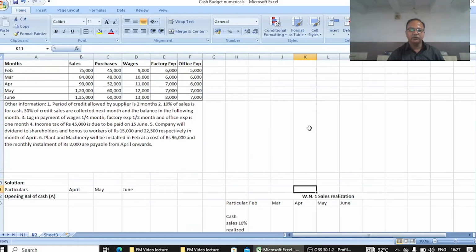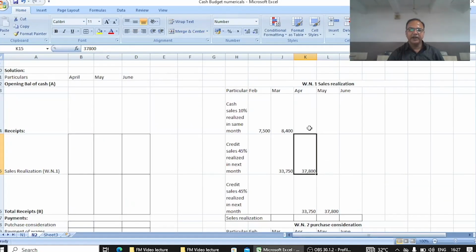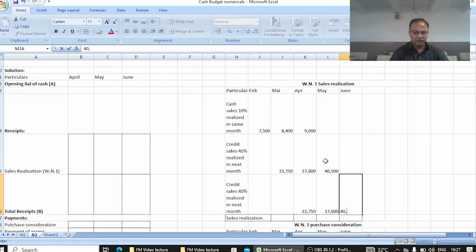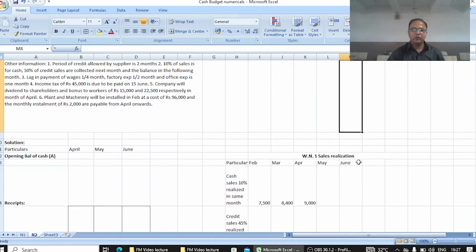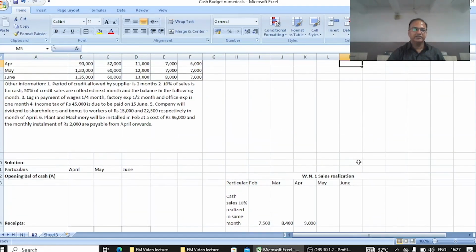Now 90,000. 90,000 means here 9,000 is recovered and remaining 81,000 will be recovered in two installments of 40,500. Now next is 120.